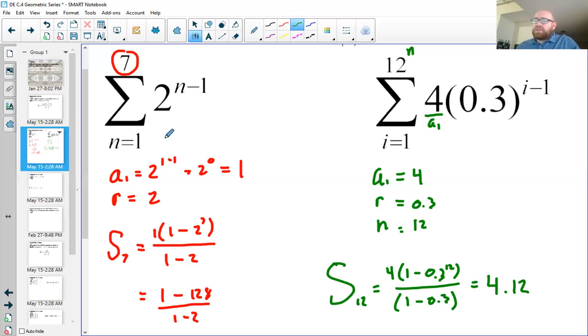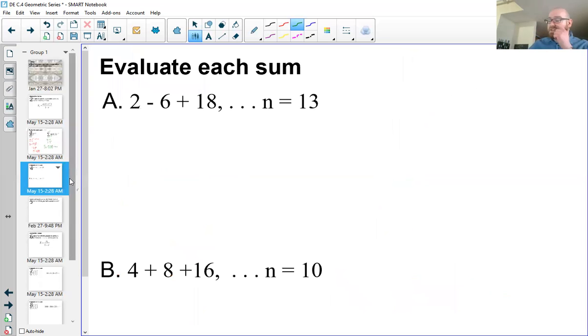In addition to having our sums presented in sigma notation, we could also see them presented as lists of numbers. So evaluate the sum 2 minus 6 plus 18, and so on, for n is equal to 13. So again, we need to identify in a new color A1, our common ratio, and n.